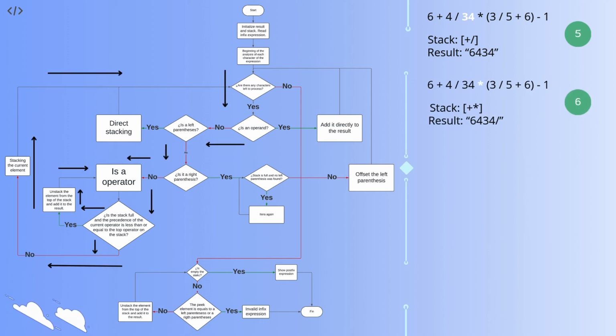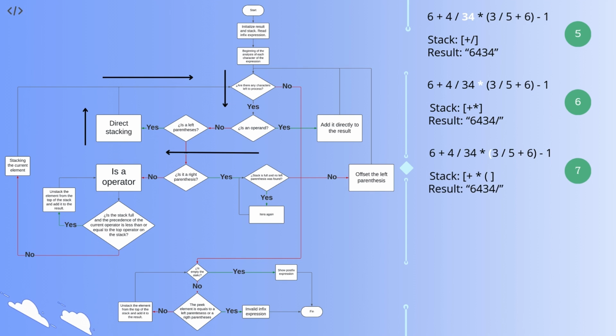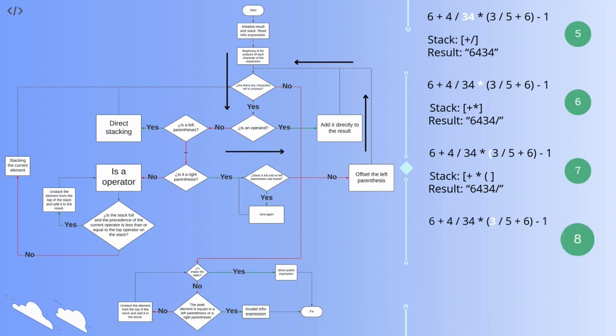The division operator is unstacked because the multiplication operator has the same precedence, and this is then stacked. Now the stack has changed by 1 element. Seventh character. We see a new element. The left parenthesis is temporarily stacked and we will see what it will cause later. The stack will remain the same. Eighth character. Again an operand, to the result it goes.